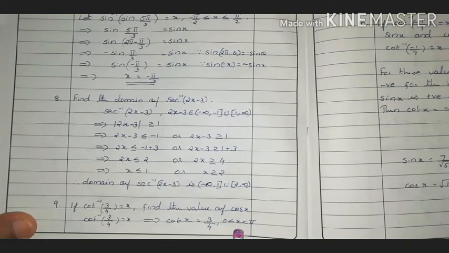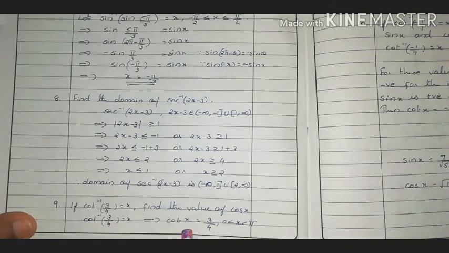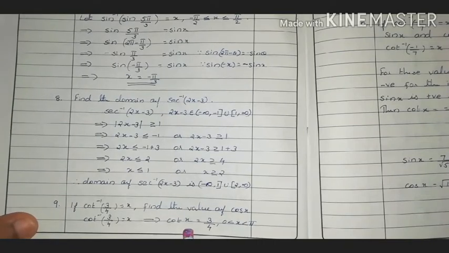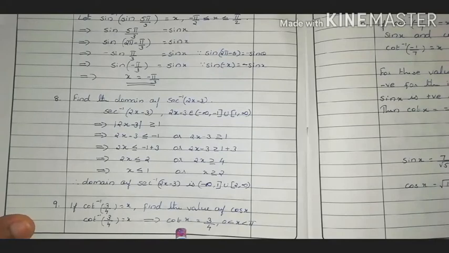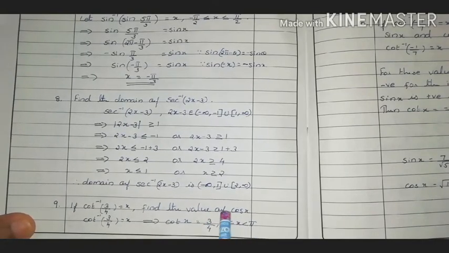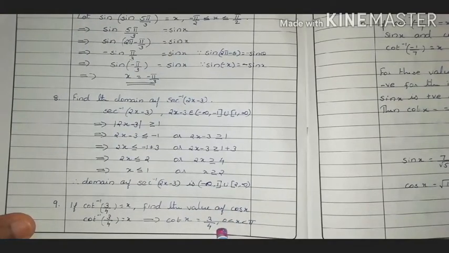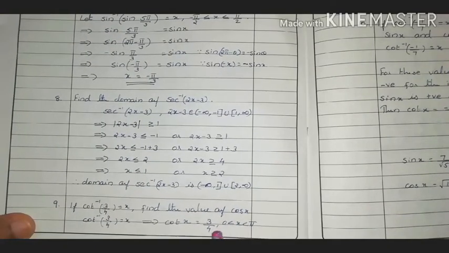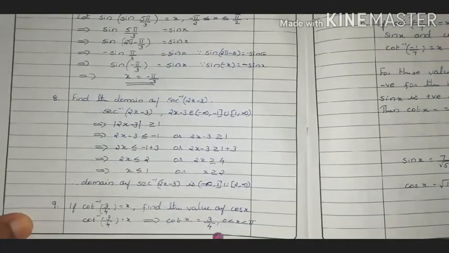But for pi by 2 to pi, is cot x positive? No, that's negative. From pi by 2 to pi, cot x is negative. So here the given value is positive, so we want to split this interval again. We can consider 0 to pi by 2 only, because there you will get this positive value.